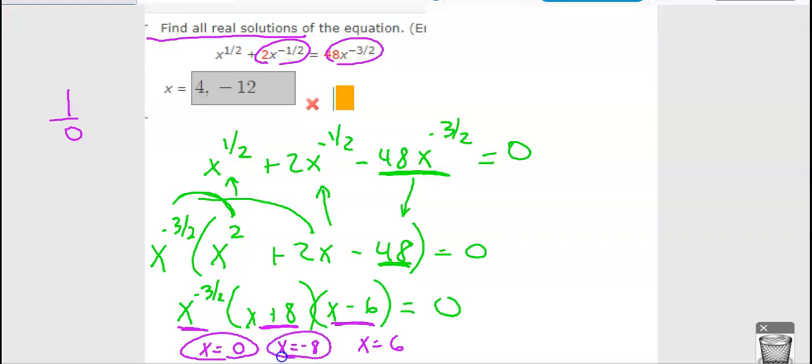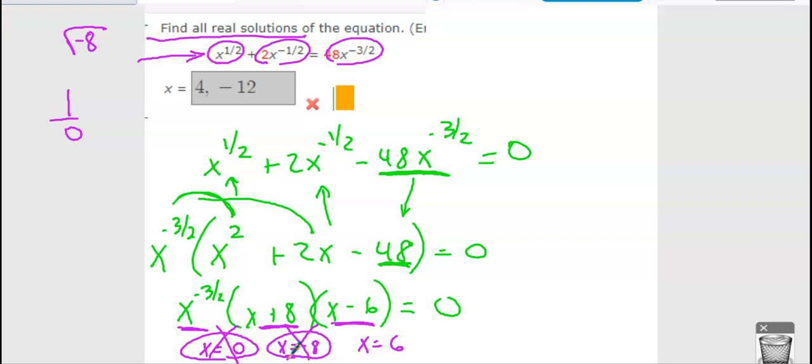Now, the same thing with negative 8. If I plug in negative 8 to actually check it, this means the square root of x, and the square root of negative 8 is not a real number. So again, these two answers don't actually work. And then 6, if you plug it back in, it actually does work.